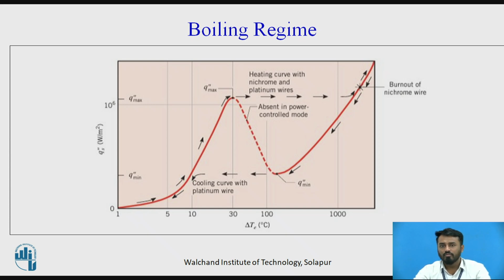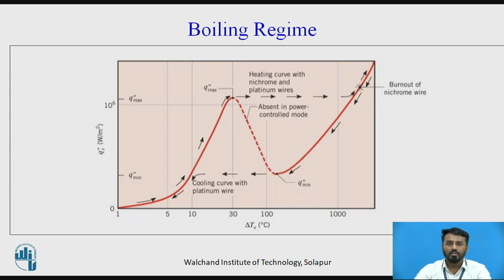At the top right corner of the diagram, we have the burnout point. If we increase the temperature to a delta T excess of about 1000, the wire may burn out and damage may take place to our experiment. That's why we recommend going for the nucleate regime rather than the radiation regime.